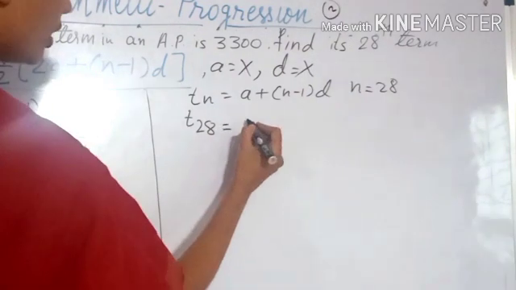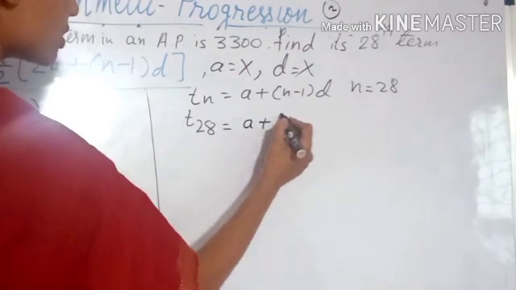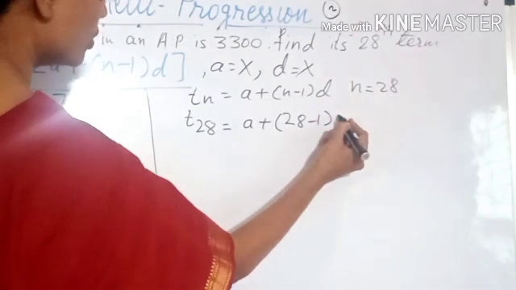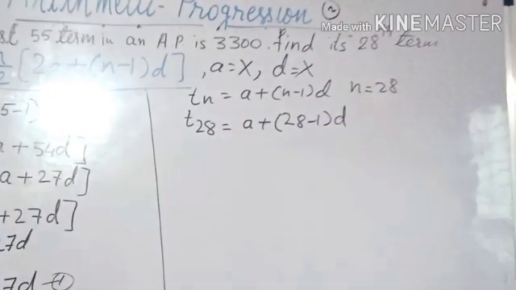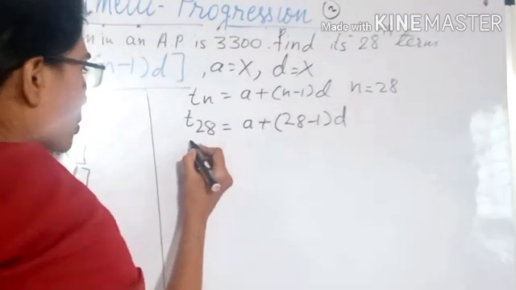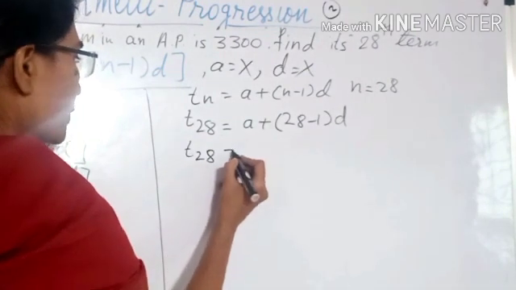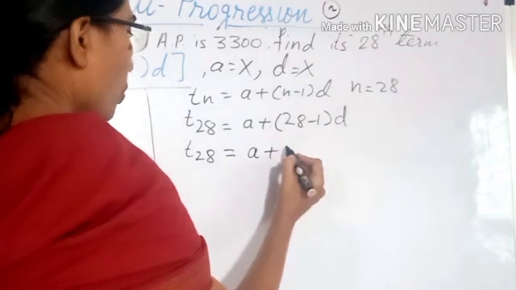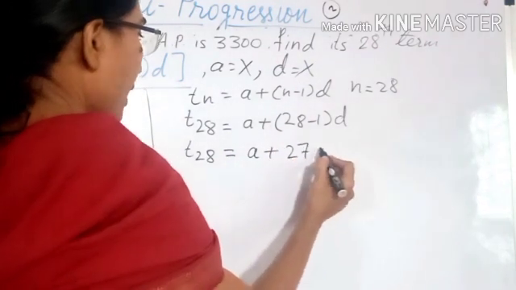So here a plus 28 minus 1. d we don't know, so let it be as d. So T28 is equal to a plus 28 minus 1, which is 27d.